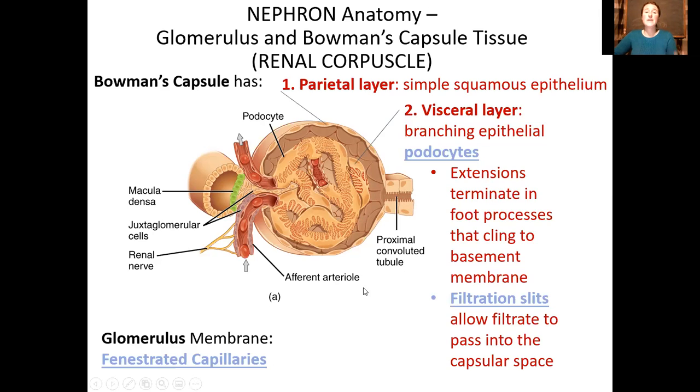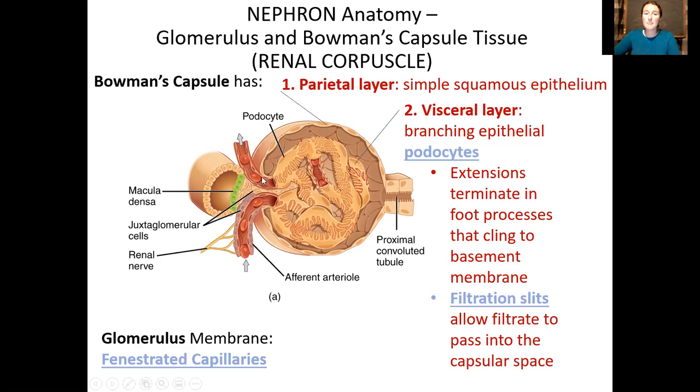Okay, so again, the substances in the blood are going to be filtered. They're going to be pushed through the holes, the fenestrae of the capillary membrane, and through the filtration slits of Bowman's capsule, visceral layer of the membrane.